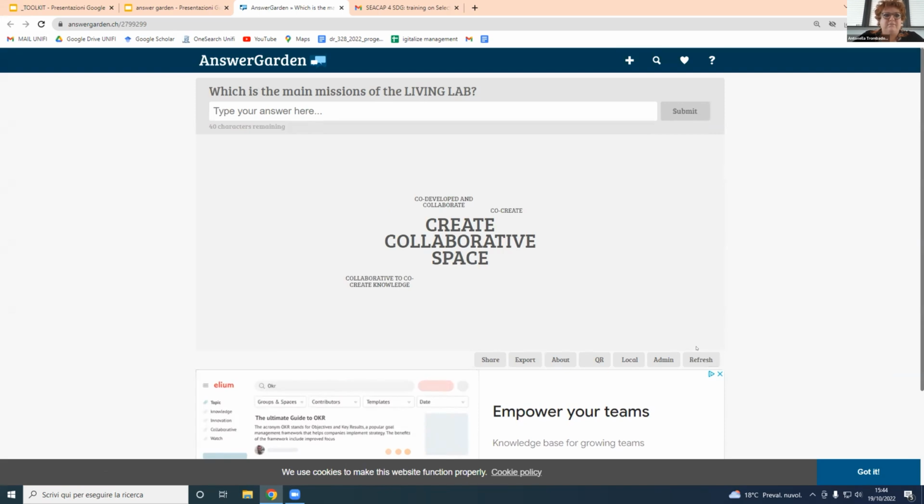So we are encouraging you to answer and to put more than one, so you can add 2, 3 or 4 keywords or some short sentences in order to populate the Answer Garden, suggesting other ideas to implement the Living Lab activity and mission.